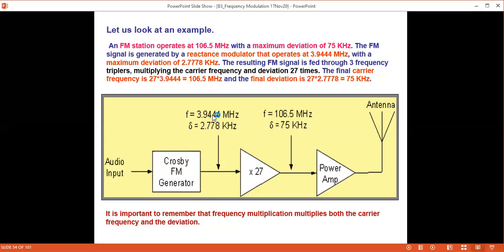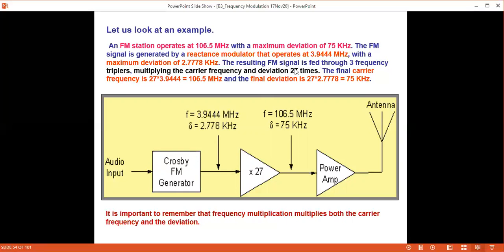Okay, so when we multiply F times 27, we get 106.5 megahertz, then 2.8 kilohertz times 27, we get around 75 kilohertz. Okay, so here it says that the resulting FM signal is fed through 3 frequency triplers.